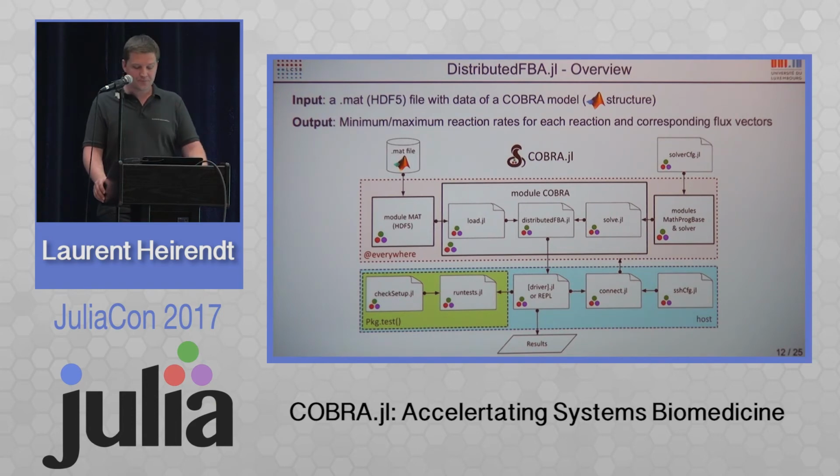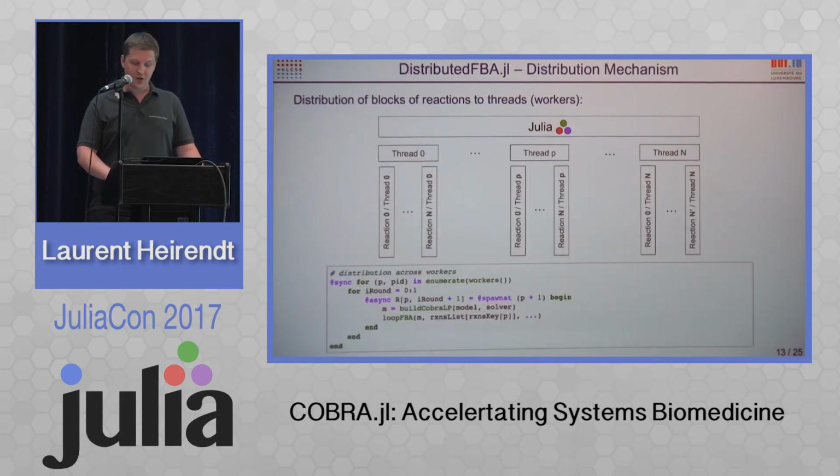Here we have a host where we're launching our analysis, loading up our model, and then solving all of the different reactions, minimizing and maximizing. The interesting part is that we did not focus on writing a solver, because there is the JuMP package, and among that is MathProgBase.jl. And I was working quite a bit with Miles as well to get the solver compatible with what we needed to do. So how do we solve each and every reaction?